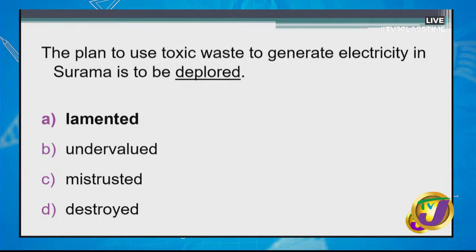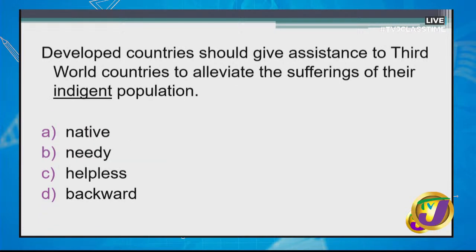All right. Our next sentence. Developed countries should give assistance to third world countries to alleviate the sufferings of their indigent population. Indigent. Please do not mix it up with indigenous. Indigent.